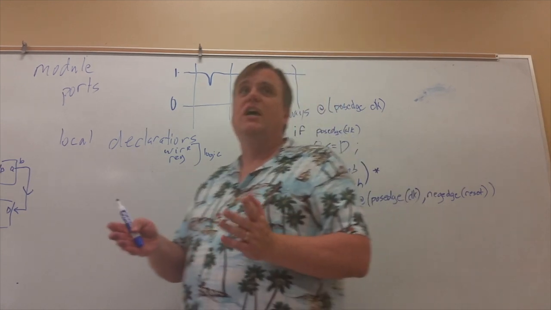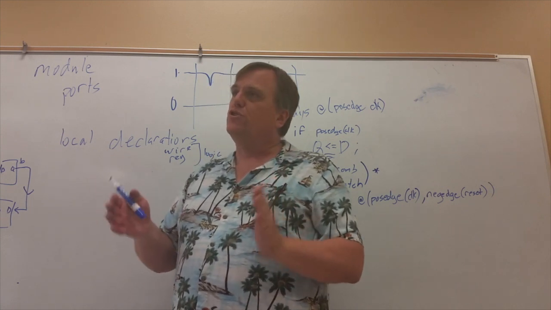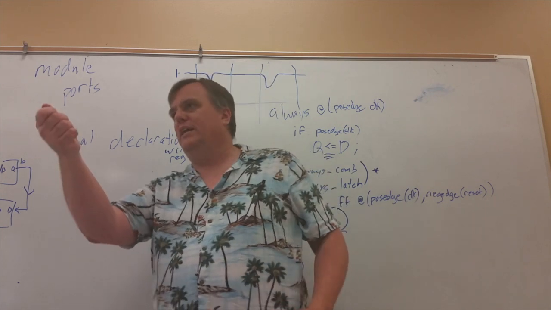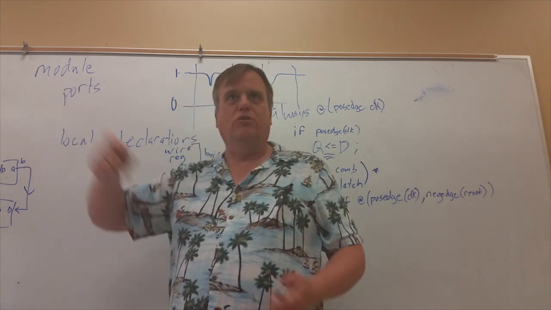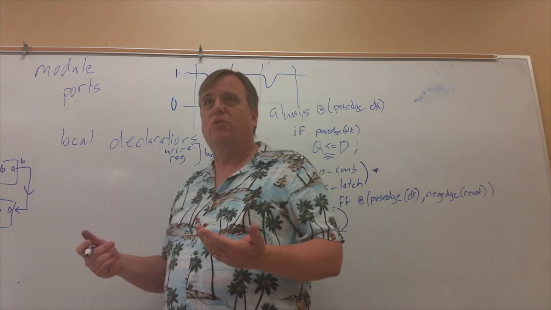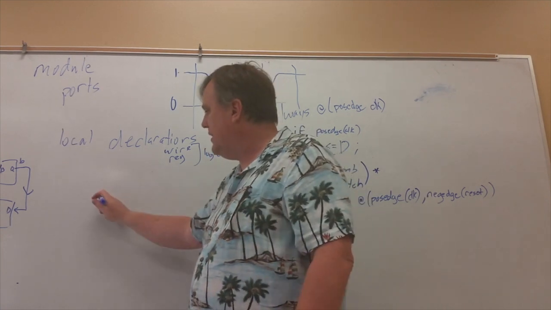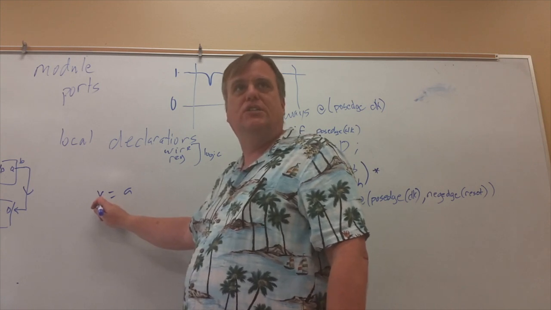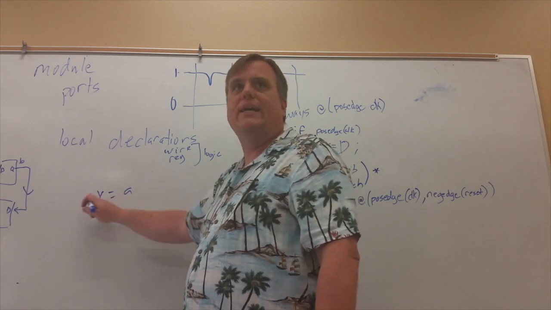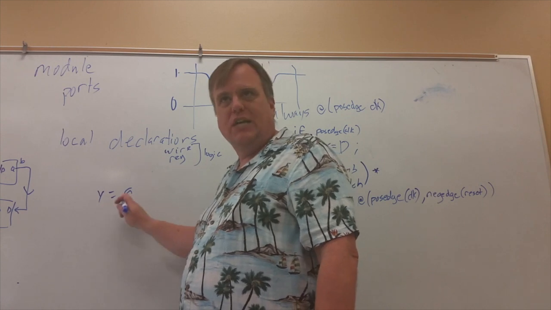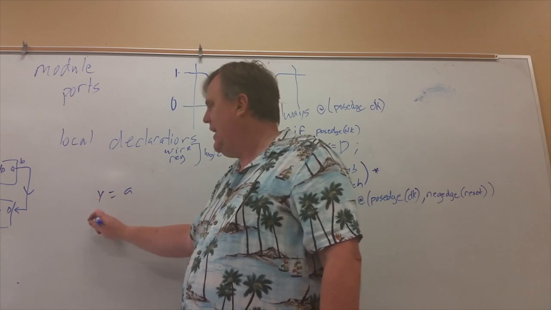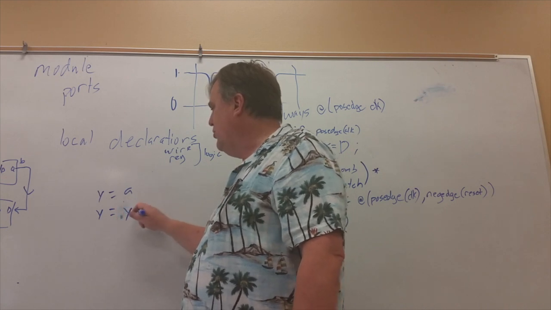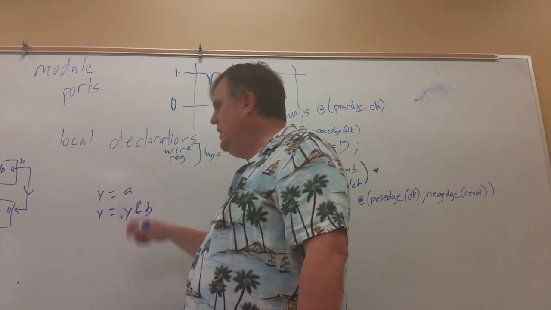And they used them because they didn't know which one to do. Should it hold its value? Can you assign it at one instant and then it holds it until you use it? Inside of a program, that's what you mean, right? You have sequential areas. When I had y equals a, you assign that at some instant in time. I wasn't saying y is always a. I'm saying give y the value of a, and then later on I said give y the value of y and b.